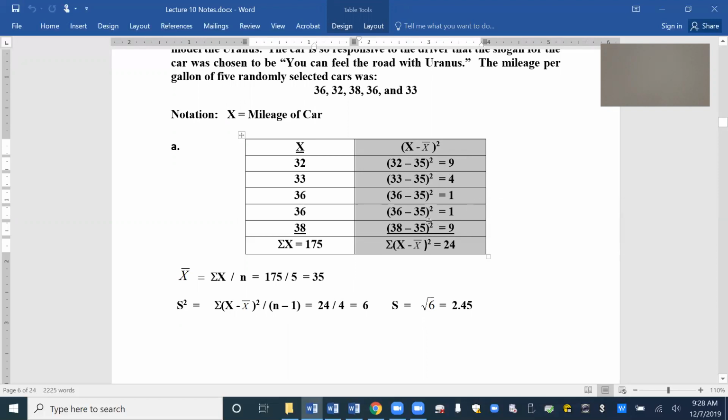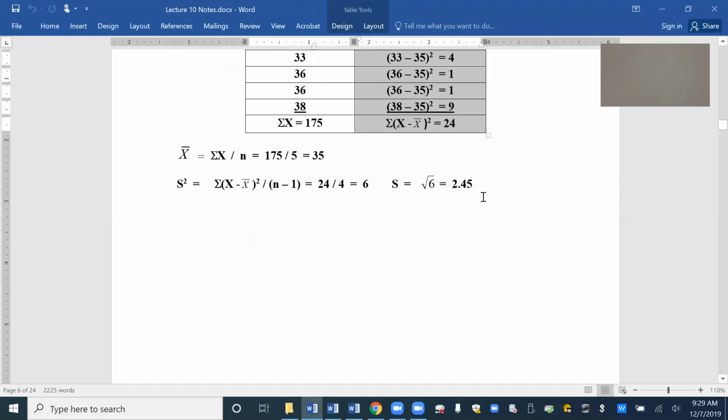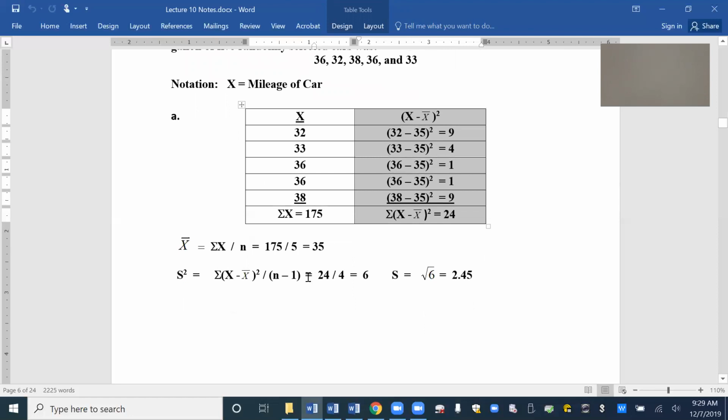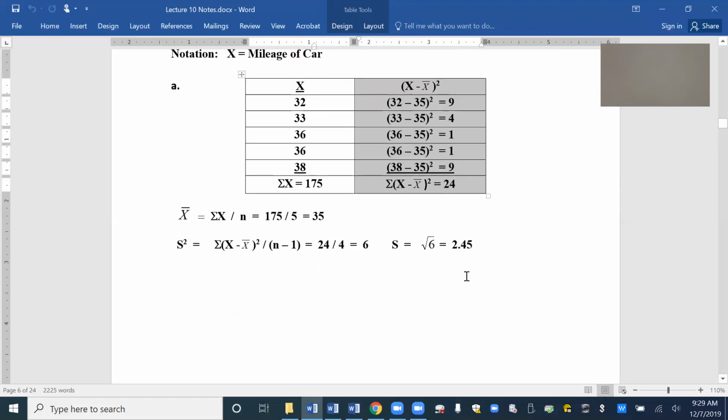If you go straight to the square root, you have to do this 24 first. If you just put S equal to the square root of 24 over 4, that's fine. Sure. You will leave it as 24 over 4, and I'll give you a check figure too, so you won't have to do a square root.